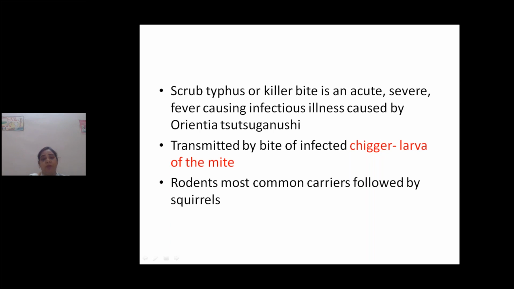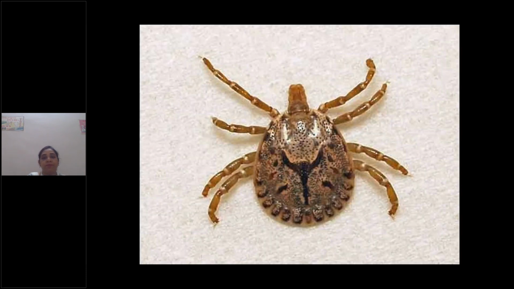There is high fever. It is transmitted by the chigger larva of a mite. The name of the larva is chigger. Reservoirs are rodents and squirrels. It's a mite, and the larvae of this mite cause scrub typhus.